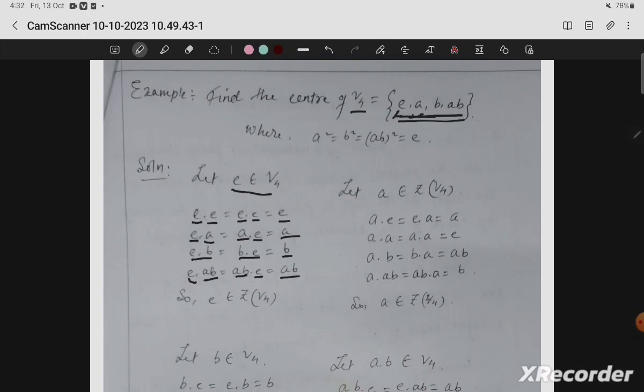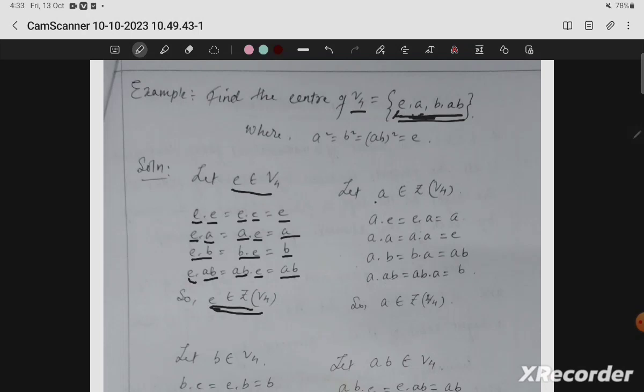So e belongs to the center of V4 as they commute with each other. e commutes with every element present in the set. So we can say that e belongs to the center of V4.